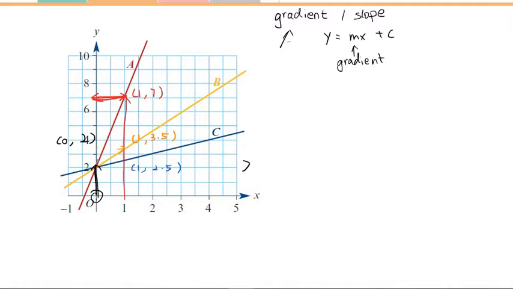Okay. So they are all starting with 0, but they have traveled different distances along the y coordinate.